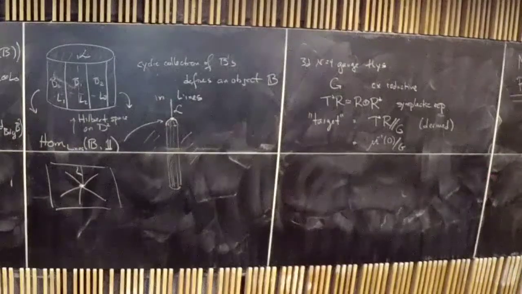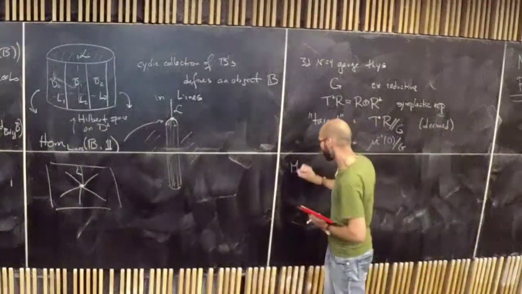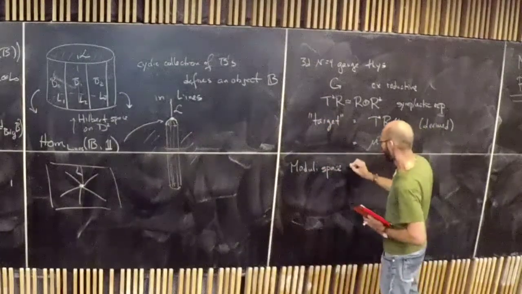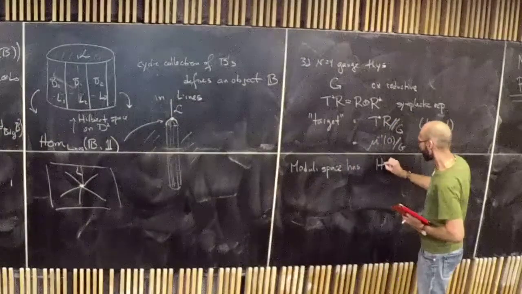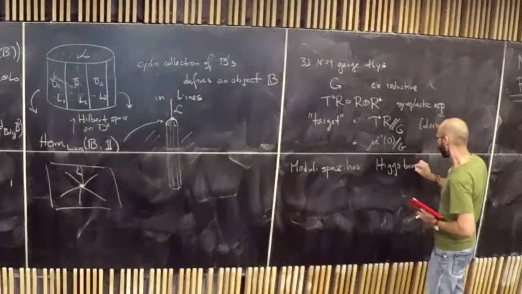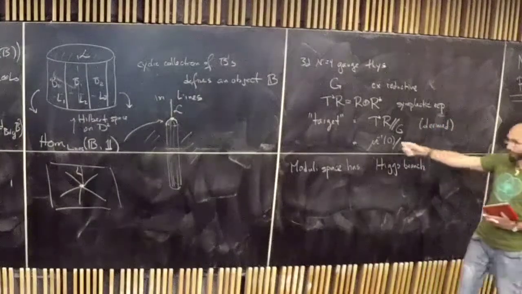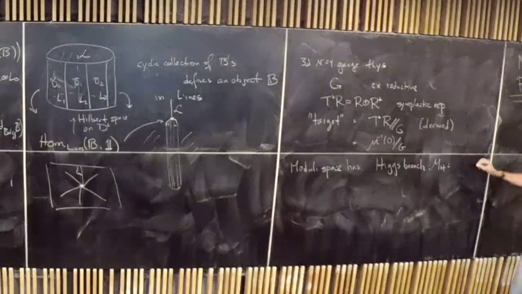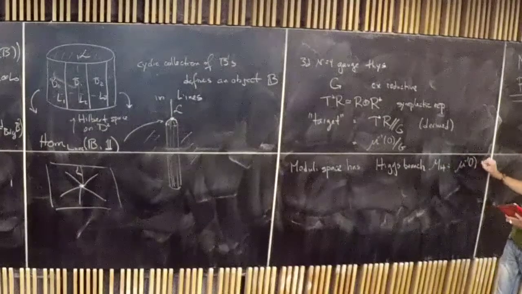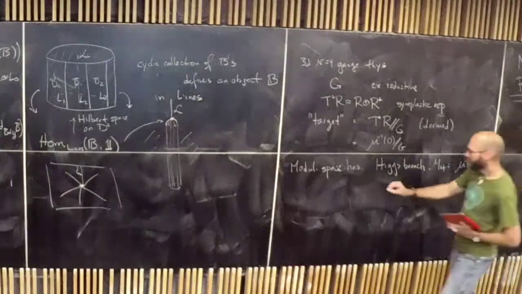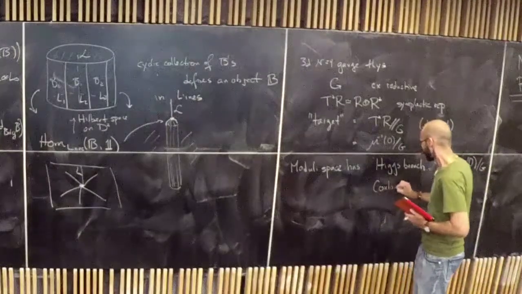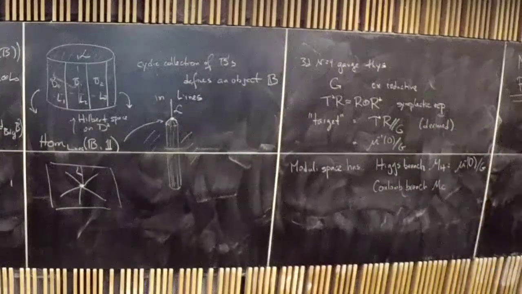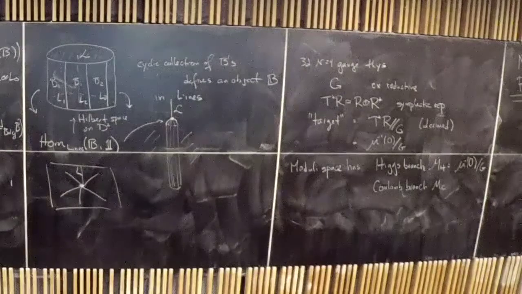3D N equals 4 theories have two branches in their moduli space. So there's a thing called a Higgs branch, which is this. And for purposes of this talk, it's going to stay derived. And there's a Coulomb branch, which mathematically is given by the BFN construction.